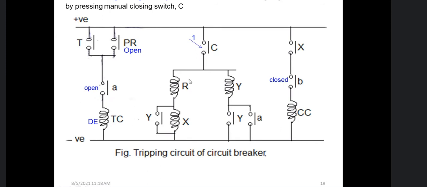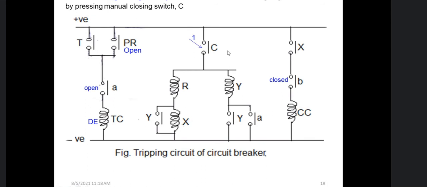R is the relay coil, and it is not energized, so it is like an open condition. But it is connected, so there is no voltage across this relay coil. When the PR is energized, the same voltage applied here will be available across R. If you apply voltage here also, X will not get any voltage.